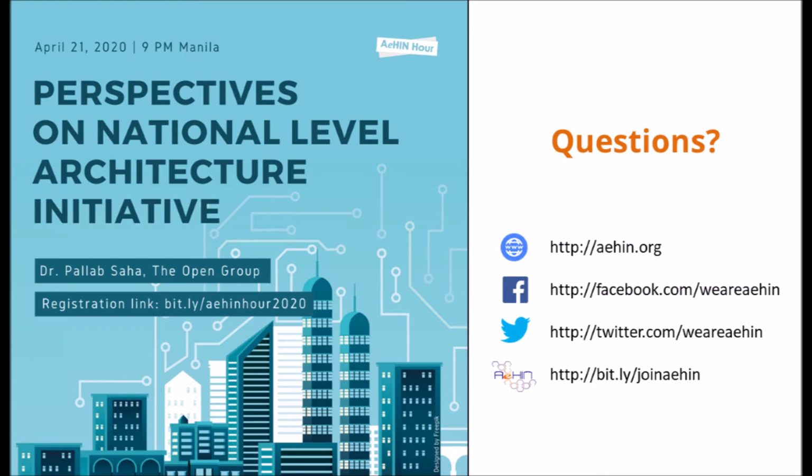The other learning point is, should it always be the information technology department or function that drives this? Because in many cases, for us to come up with the target architecture, there may be regulatory changes required. So sometimes the IT department or the IT ministry or function does not have the authority to make regulatory changes. So these are some of the on-ground learning points that we have to navigate even as we roll out the architecture.